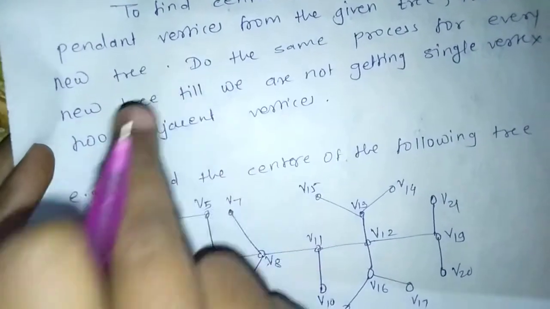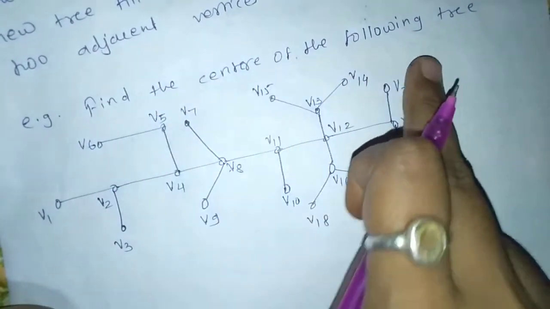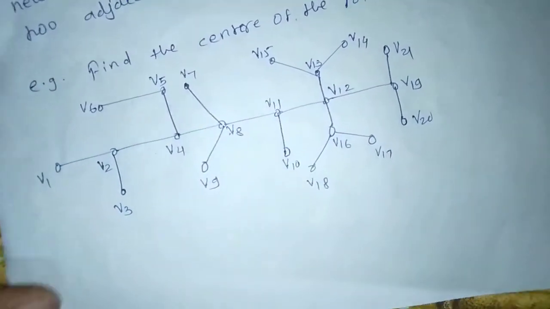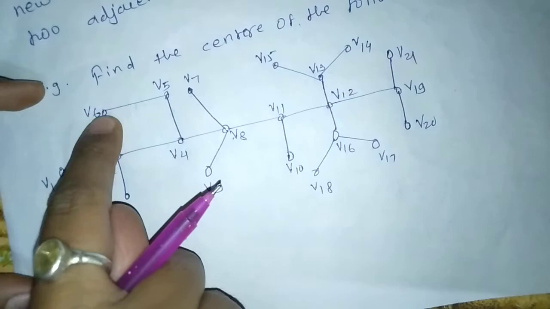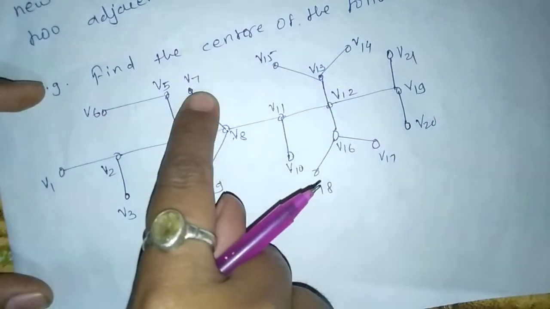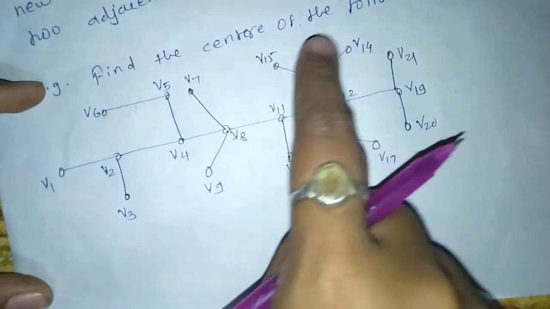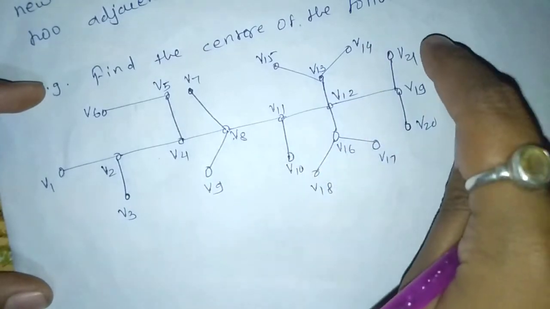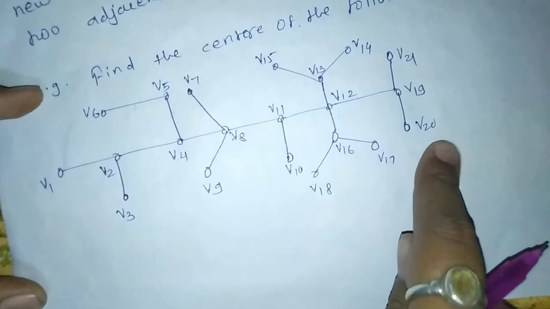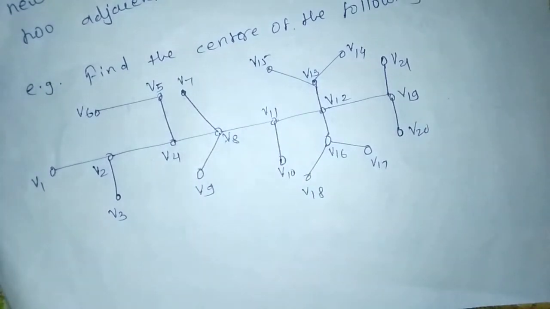सो फॉर दिस एक्झाम्पल, फाइंड दी सेंटर ऑफ दी फॉलोइंग ट्री. हा ट्री दिसतोय तुम्हाला. आता याच्यामधले पेंडेंट व्हर्टेक्सचे म्हणजे ज्या व्हर्टेक्सची डिग्री 1 आहे ते व्हर्टेक्स आपल्याला रिमूव्ह करायचे. इथं तुम्ही बघू शकता V1, V6, V3, V9, V7, V5, V15, V14, V18, V17, V10, V21, V20 has degree 1. So these are the pendant vertices. So remove these vertices, we get a graph like this.